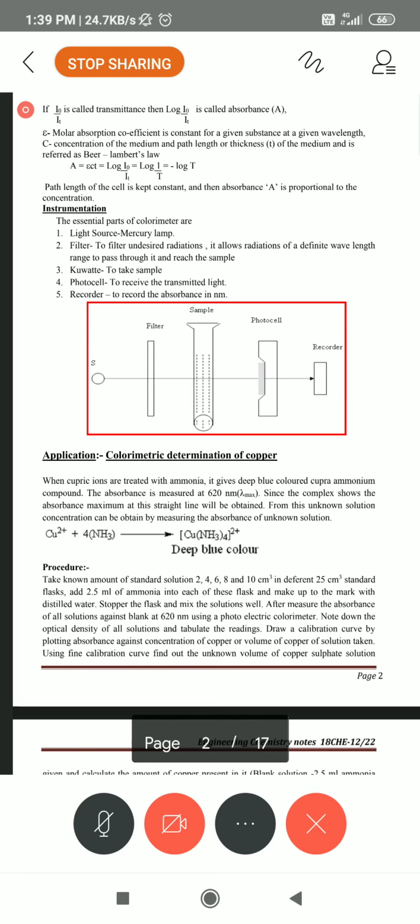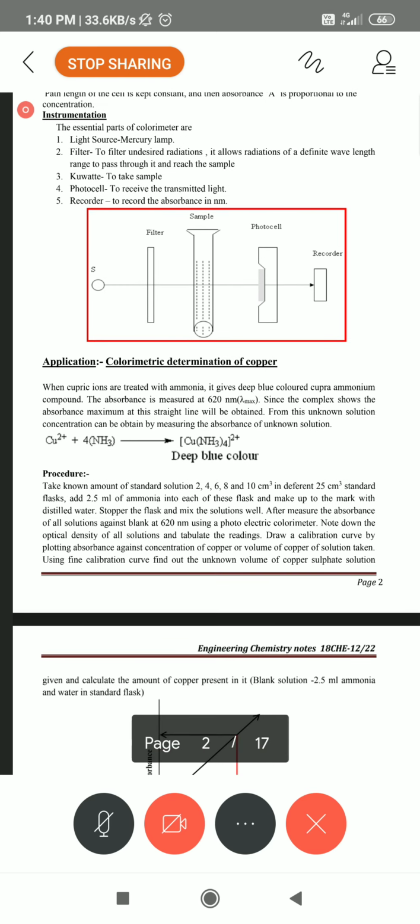This instrument you have already used in the estimation of fluoride in a water sample. Here again we use it for estimation of copper in copper sulphate. What is that?